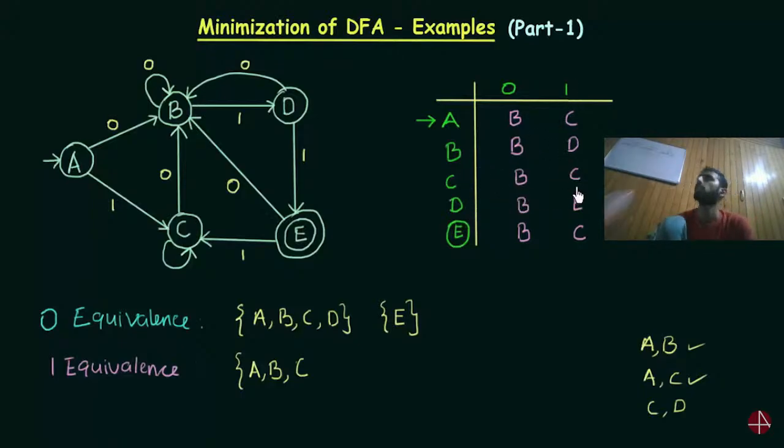C goes to C and D goes to E. C and E. Now check if C and E fall in the same set or not. We see that C belongs to this set, but E belongs to another set. So C and E do not belong to the same set. So C and D are not 1 equivalent to each other. So D is not 1 equivalent to C. So if it is not 1 equivalent to C, it will not be equivalent to B nor to A. Right?